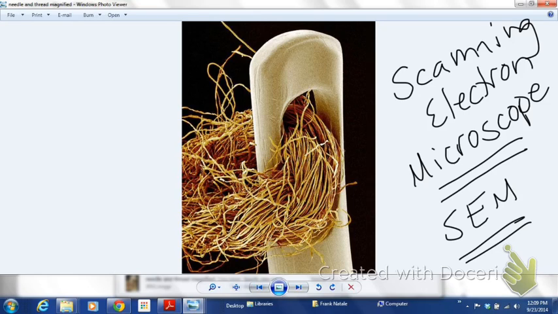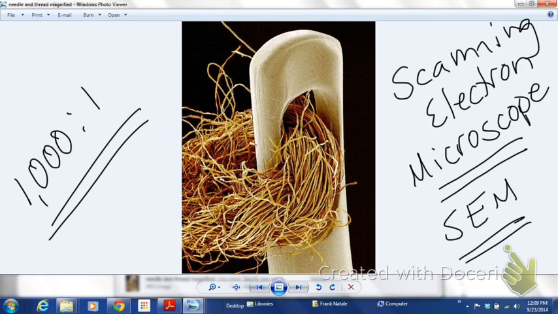So this is an enlargement, or yes, a magnification more so. This is several thousand times bigger than it is in real life. So this could be like 1,000-to-1. I'm not sure exactly. I should have researched that and looked at it, but who knows?